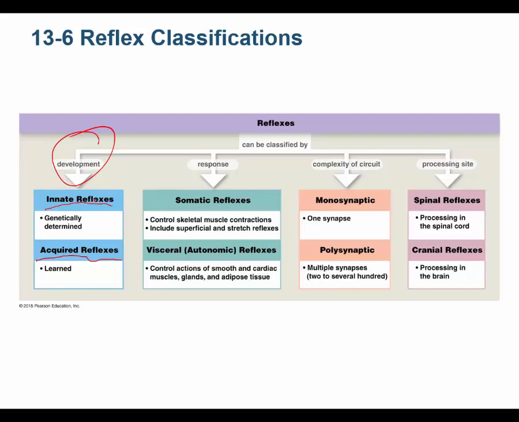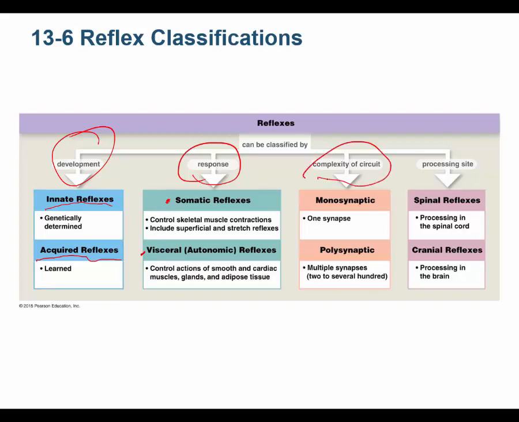So innate, you're born with them. Acquired, you learn them. We can classify reflexes based on the type of response. We have somatic reflexes, which are skeletal muscles, and we have visceral or autonomic reflexes, which are glands and smooth muscles and cardiac muscle. So visceral reflexes are your smooth and cardiac muscles and glands, and your somatic reflexes are your skeletal muscles.